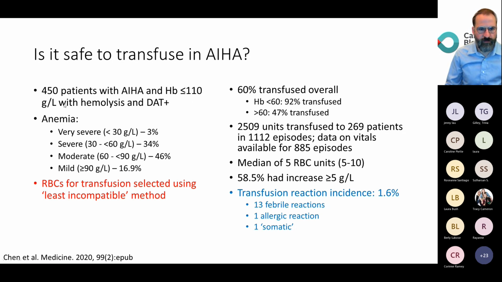There's this large study of 450 patients who were diagnosed with autoimmune hemolytic anemia who were anemic and transfused, and the transfusions were selected using the least incompatible method. 60% of these patients were actually transfused, 2,500-ish units given, and transfusion reaction incidence was only 1.6%, which is not out of keeping with reaction rates for other patient populations who don't have these incompatibilities. So that's some evidence to support the safety of transfusing despite cross-matching incompatibility in hemolytic anemia.